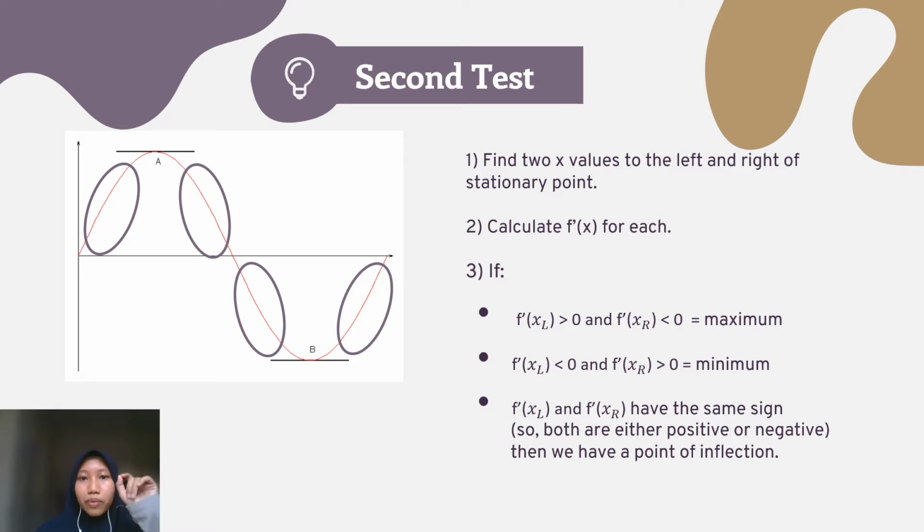If f prime x left is less than 0 and f prime x right is more than 0, then we have a minimum stationary point. And lastly, if f prime x left and f prime x right have the same sign, which is either both positive or both negative, then we have a point of inflection.